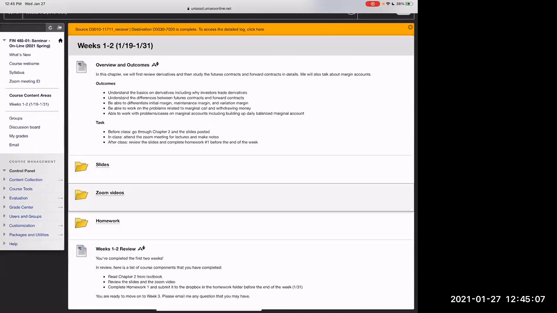You can do your work in a Word file and upload the Word file, or you can do handwriting, take a picture and upload the picture to Dropbox. So either is fine, okay? But do it as soon as possible and complete it before the end of Sunday. That's all I would like to talk about for chapter 2. So next week, we're going to start chapter 3.